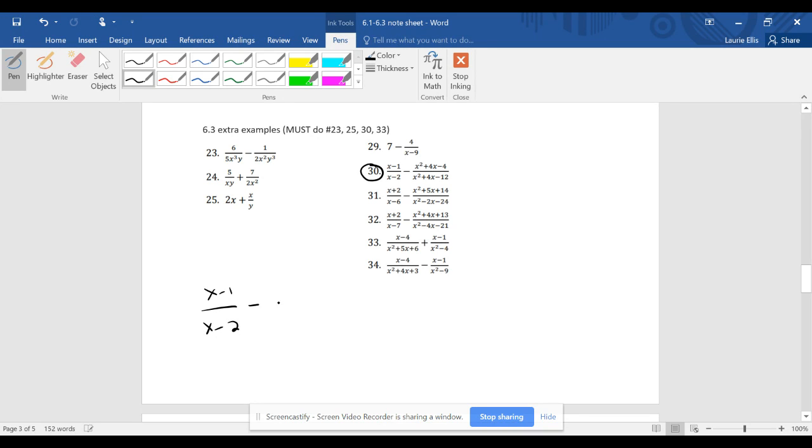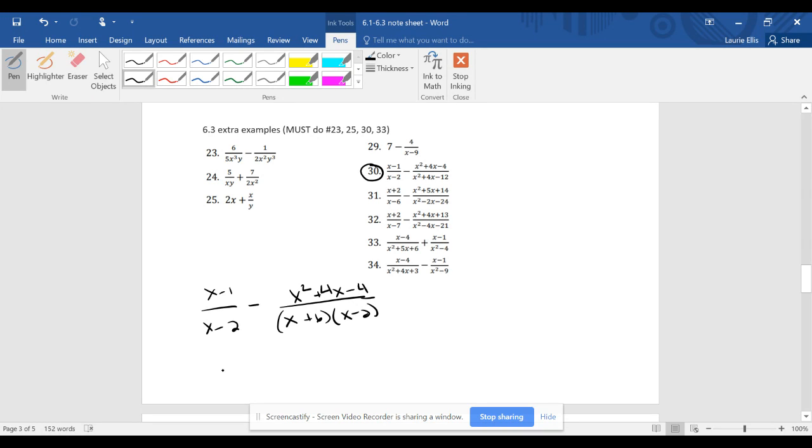And then over here, my denominator is x plus 6 times x minus 2. And then here it's x squared plus 4x minus 4.